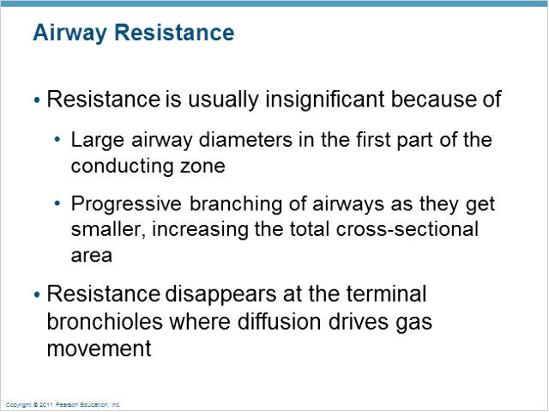It's usually insignificant because large airway diameters in the first part of the conducting zone allow air to move in quite nicely. The progressive branching of the airways as they get smaller increases the total cross-sectional area. Resistance really disappears in the terminal bronchioles where diffusion drives gas movement.